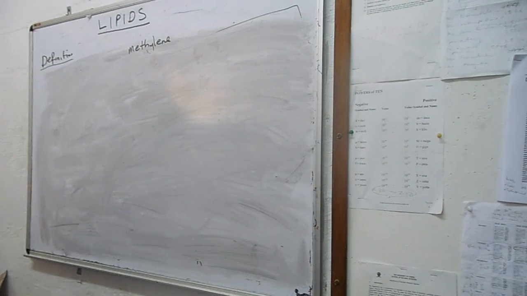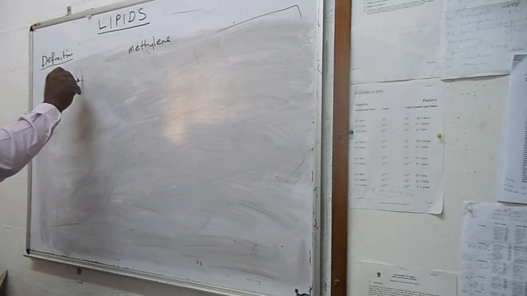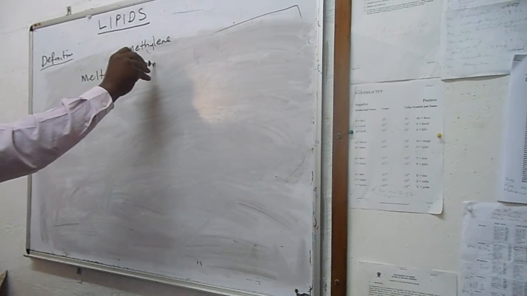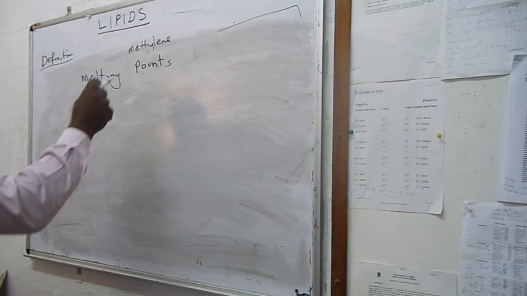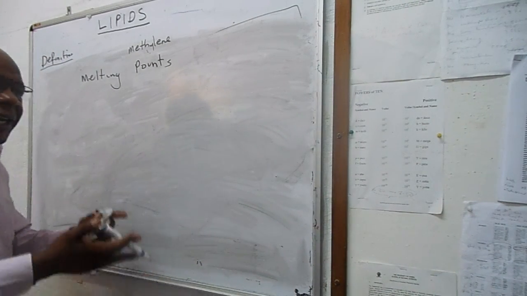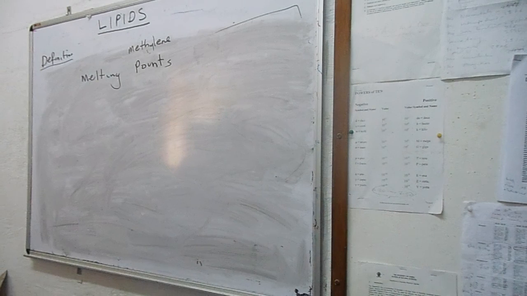Now let's look at properties of these fatty acids in terms of the trends that we tend to see. You tend to see the melting points of fatty acids increasing with the increasing carbon chain.